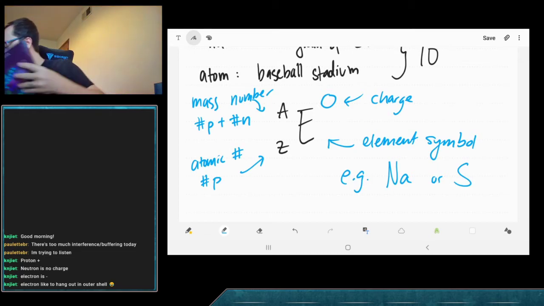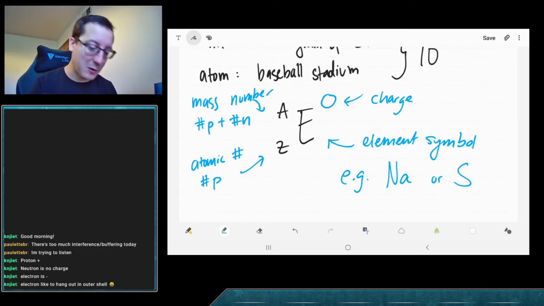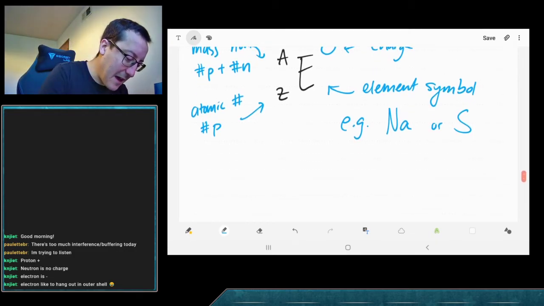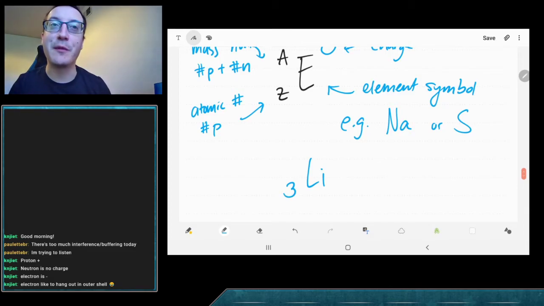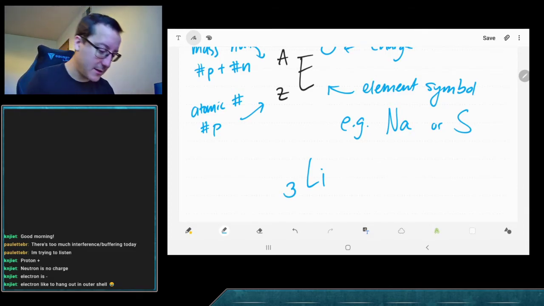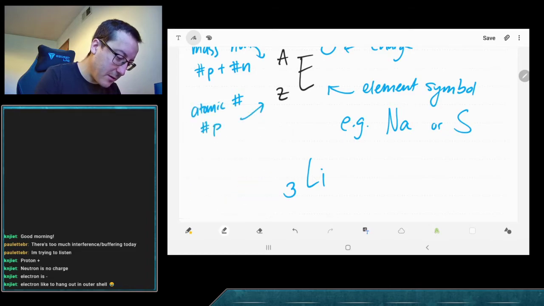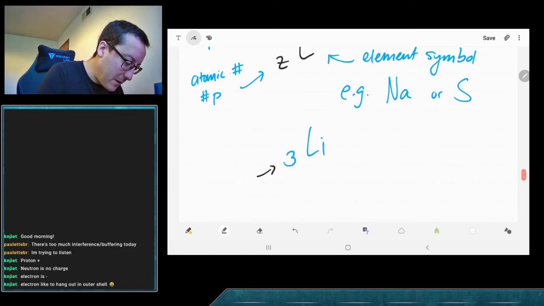But look on a periodic table, just below hydrogen in the top left corner. We're going to see that lithium has an atomic number of 3. That's what that number on top means. So this number we got from the periodic table.